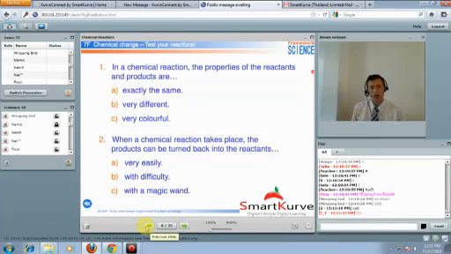In the case of salt, our reactants, sodium and chlorine, they're both poisonous. They're poisonous to human beings. We do need sodium, but we can't just breathe sodium gas.